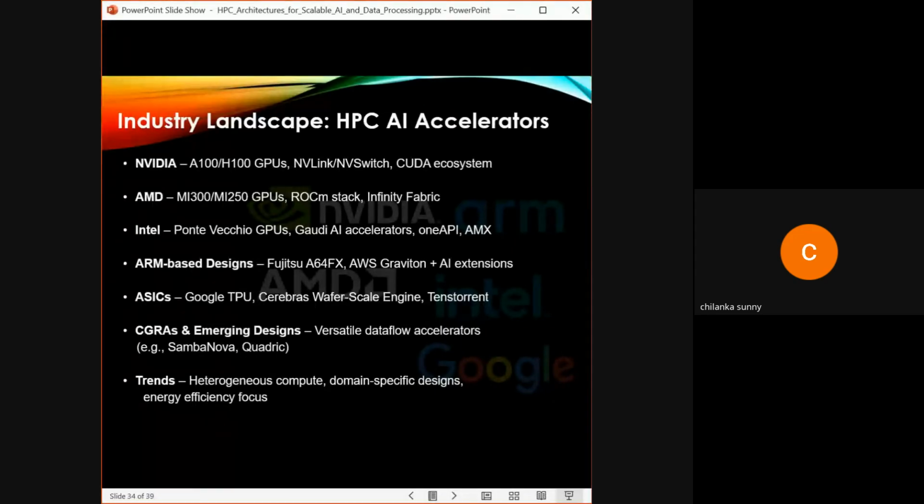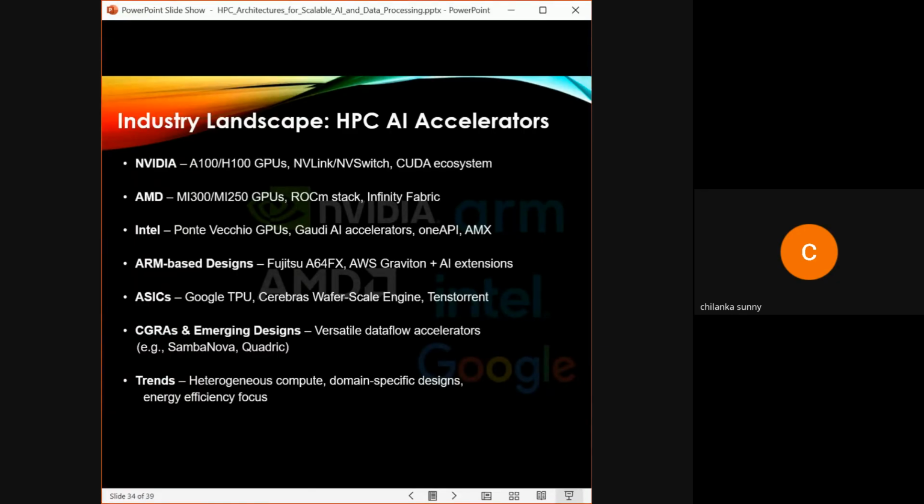Beyond traditional GPUs, ASICs like Google TPU excel in fixed function AI workloads. Cerebras pushes wafer-scale architectures to minimize communication overhead. CGRAs, though niche, are promising for loop and data flow heavy workloads, offering both flexibility and efficiency.